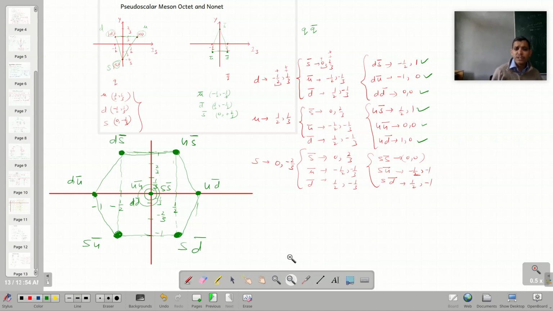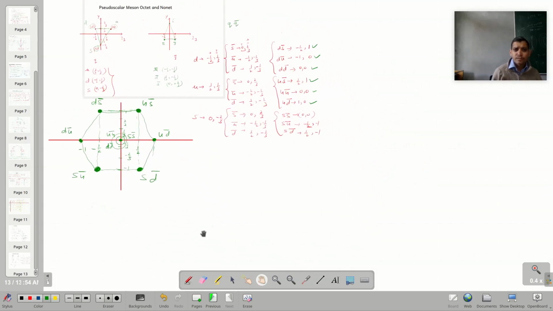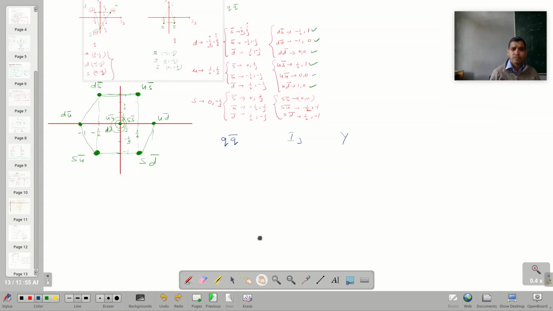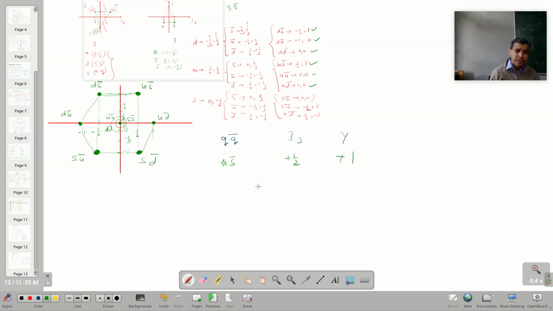So keeping all these things in mind, for q bar, and here I have written the value of i3, and I have written for this the value of this one, so that means for us bar, its value will be plus 1 by 2, and its value will be plus 1.